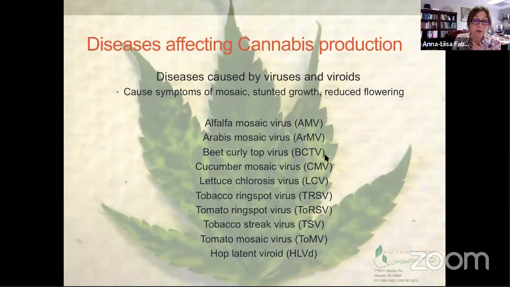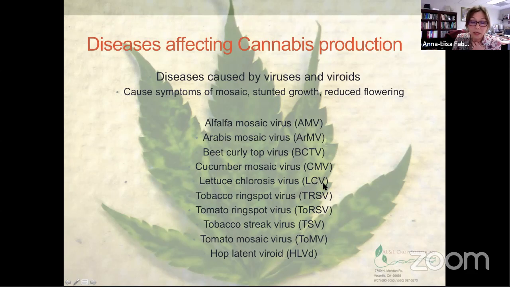That is a leafhopper-transmitted virus. It's actually a DNA virus. We have also got some specimens that contain alfalfa mosaic virus, and the symptoms on this leaf that I took as a background here are mosaic symptoms caused by alfalfa mosaic virus.